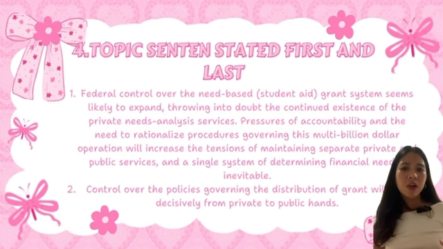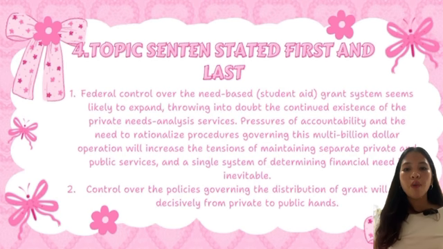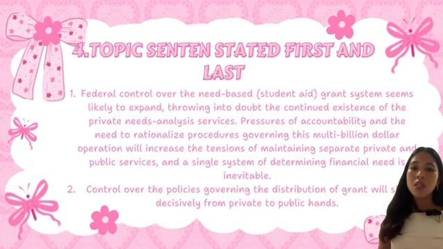The last sentence restates the main idea in simpler terms: the control over the politics governing the distribution of grants will shift decisively from private to public hands. This closing sentence reinforces the main point and leaves no doubt in the reader's mind about the central message.